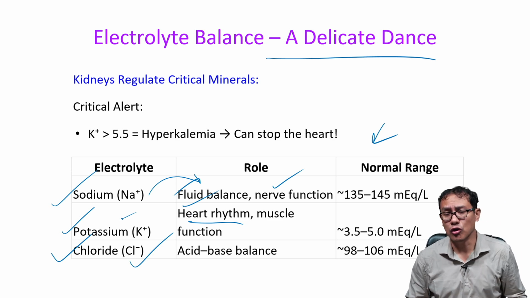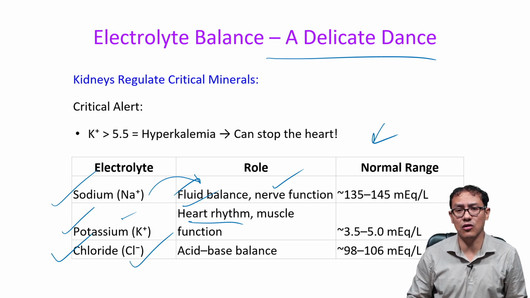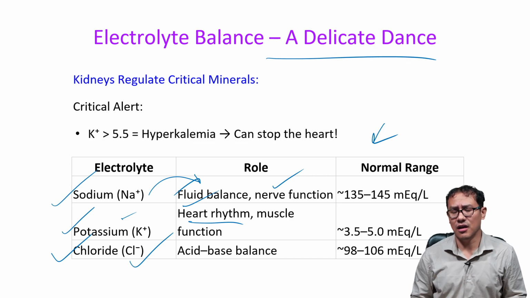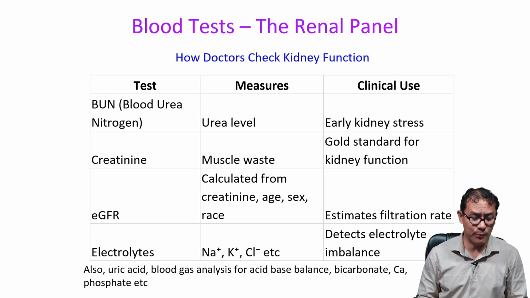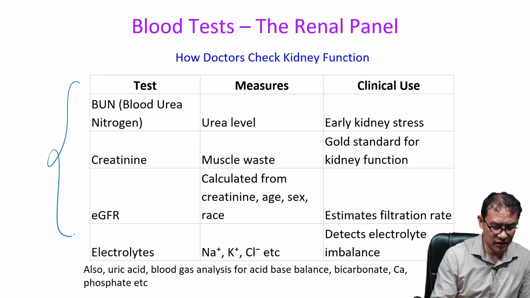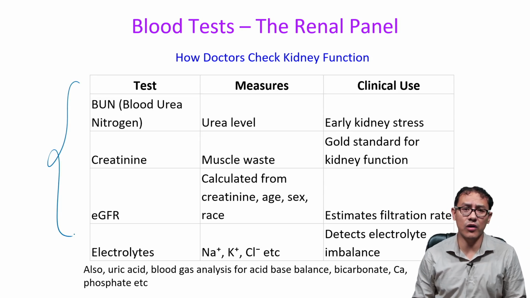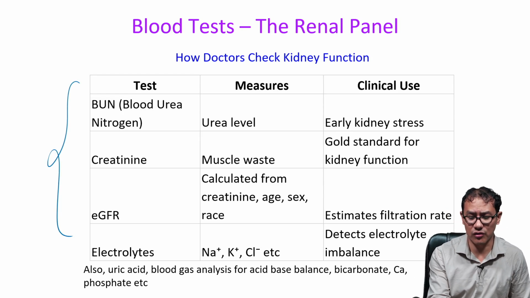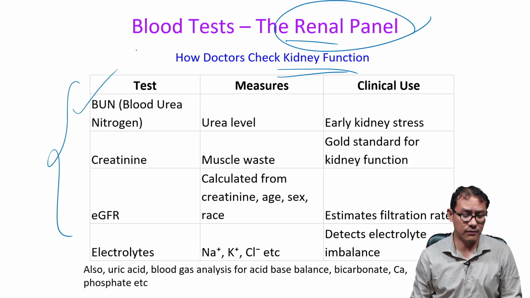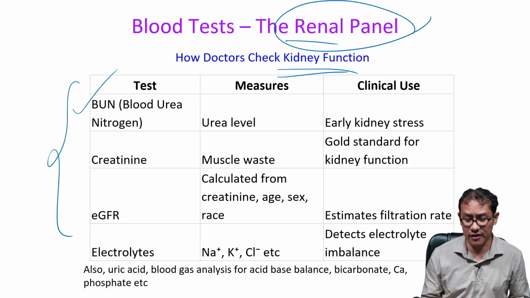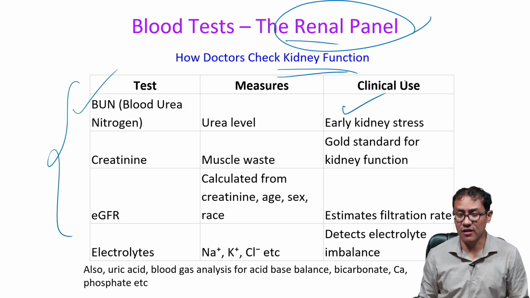We can also do arterial blood gas analysis and see the acid-base balance. These are the different tests required for assessing renal function, also known as a renal panel. For example, BUN, blood urea nitrogen: if its level increases, that means early kidney stress is there.